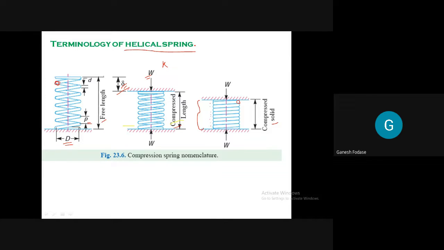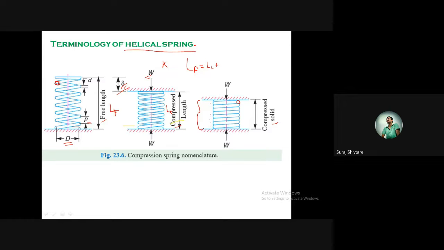You can see this one. This one is the free length, so let's say this is LF. And this one is your compressed length, let's say it is LC. So what is the relation between LF and LC? LF is equal to LC plus what?